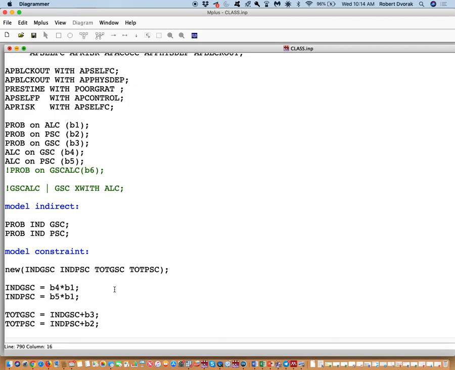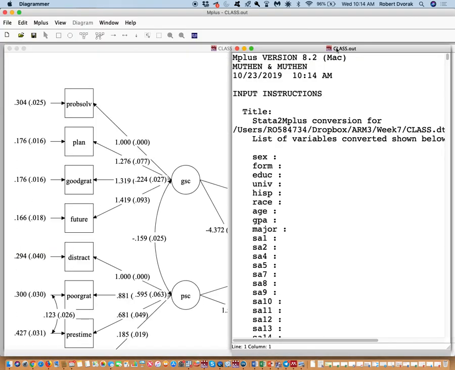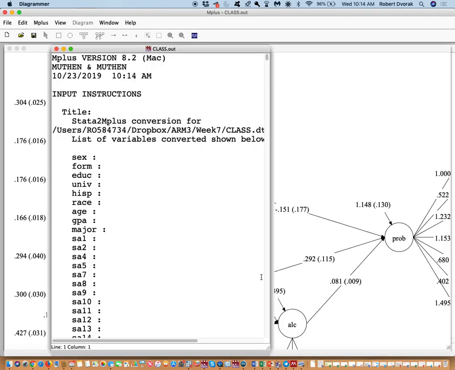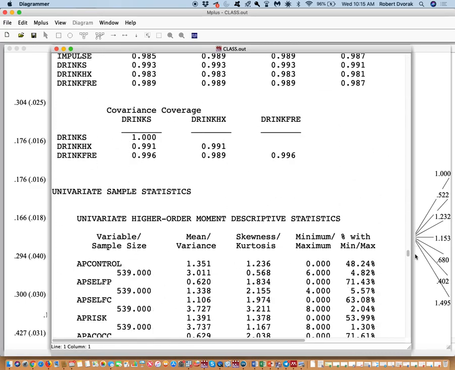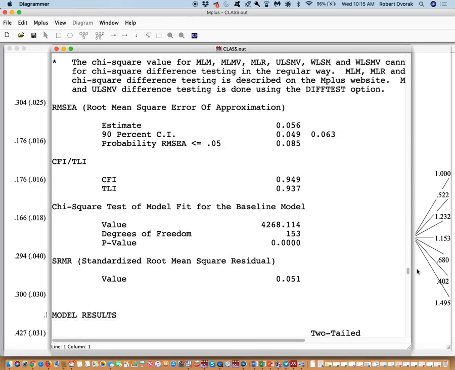Does everybody have the same model that I've got up over here? Hold on, my model is not up. This is the original structural model that we started with, and we are now computing our own direct and indirect effects rather than relying on Mplus to do it.